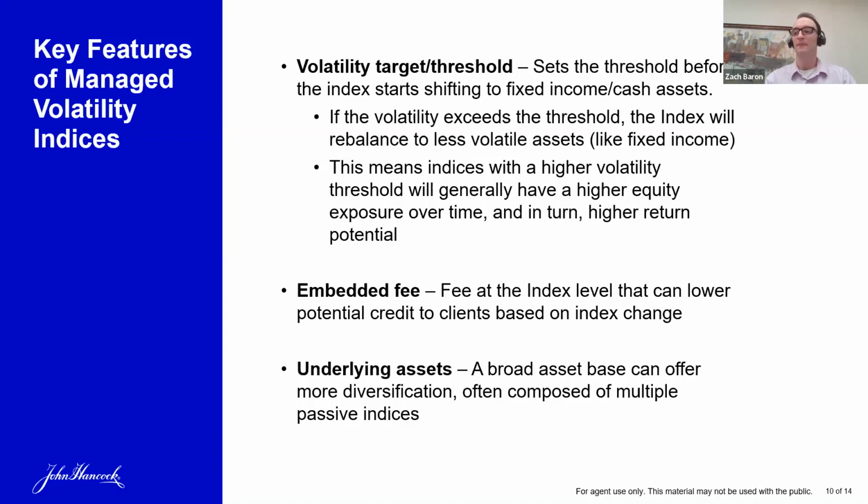If we are trying to diversify, it definitely helps to have different assets that we can allocate to over time. If US equity is super volatile, we can put you into international equity, so you still have some upside potential. Whereas other indexes are very limited if you only have 2 or 3 underlying components. So having a broader base can really help with diversification and managing to that certain volatility threshold.